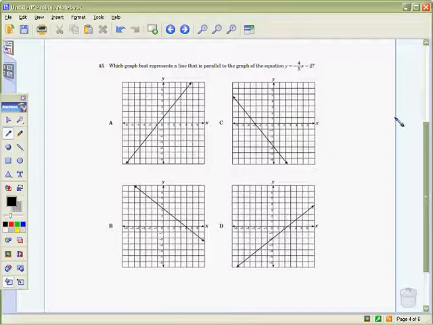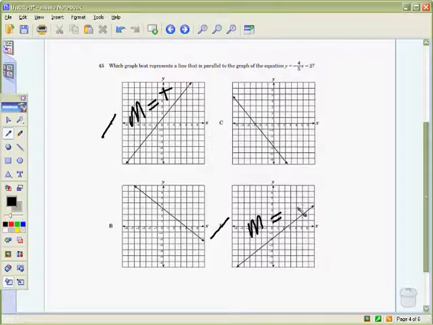Number 45. What graph best represents a line that is parallel to the graph of the equation y equals -4/5 x minus 2? And as we've discussed before, we can automatically cancel out A and D because the slopes are positive.